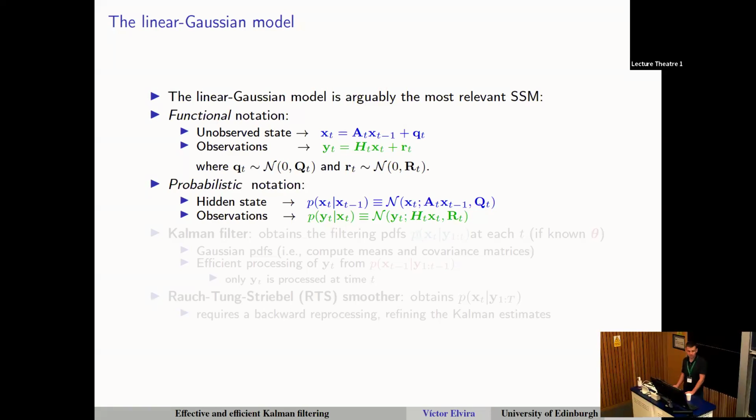I assume also that everyone is, but if not, just take a look at probabilistic models and Bayesian networks, because it's quite useful if you're going to do your own derivations or to understand the derivations of the filters, to understand the conditional independence of certain variables, given that you observed some other variables and so on. All these rules, it's nothing very, very fancy, right? But quite useful or necessary to understand.